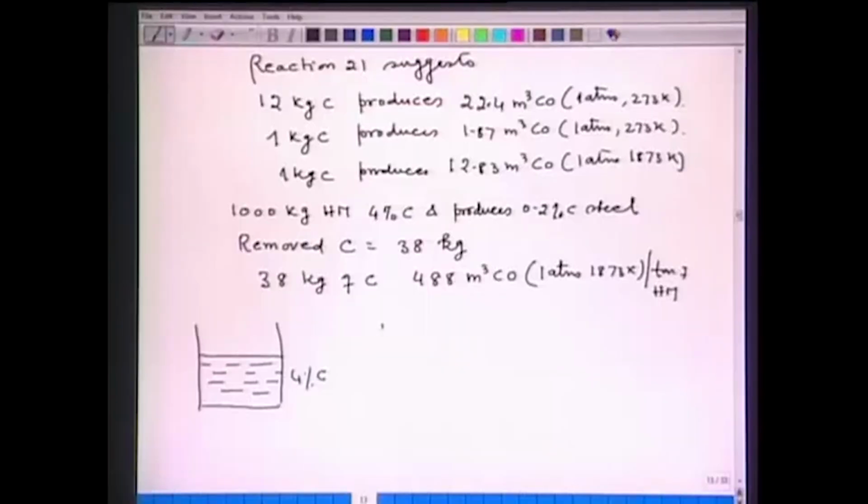Now, another extreme, consider the situation. I have here a metal bath, and on the top I have slag. Slag will form because you supply oxygen, iron will oxidize to FeO.